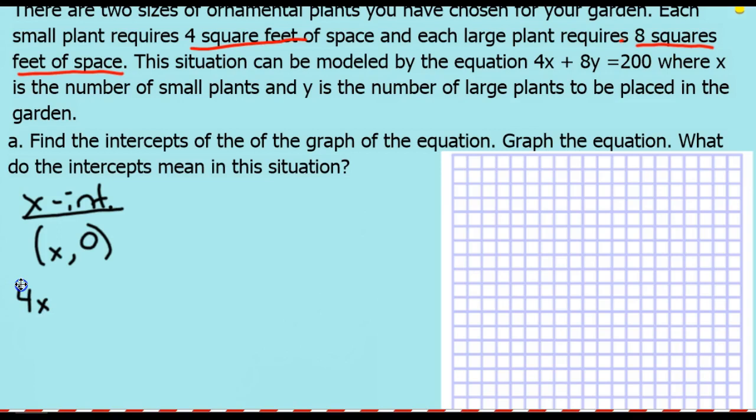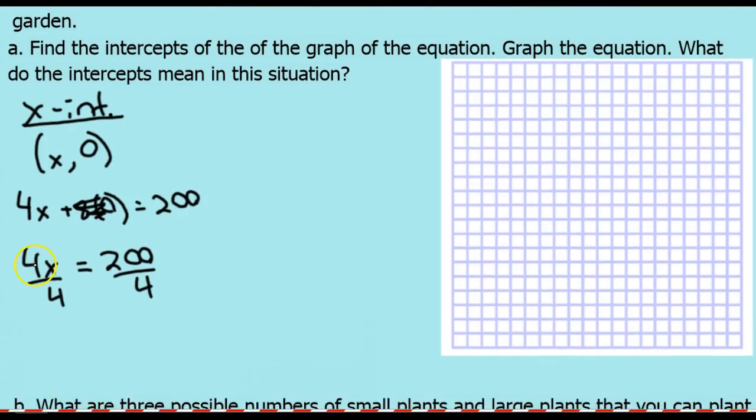So 4x plus 8 times 0 equals 200. Now 8 times 0 is nothing, so we don't need that anymore. So we get 4x equals 200. Divide by 4. We get x equals 200 divided by 4, which comes out to be 50. So x equals 50. So our x-intercept is at 50, 0.